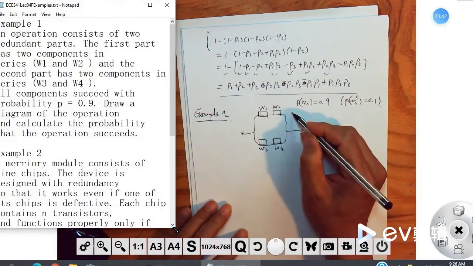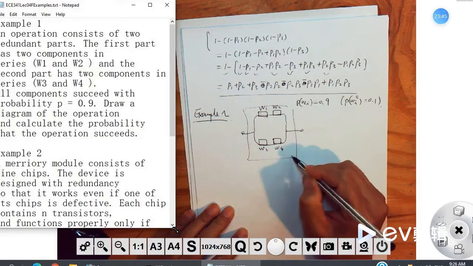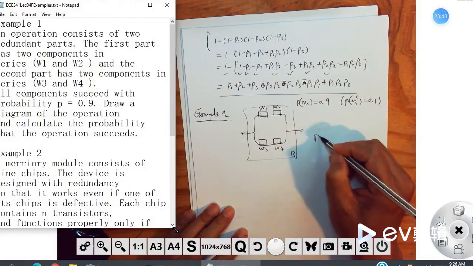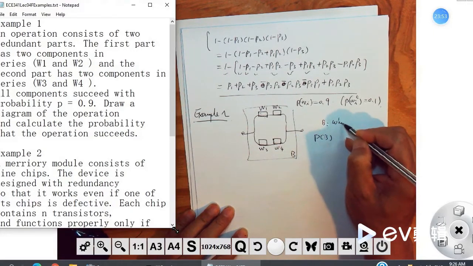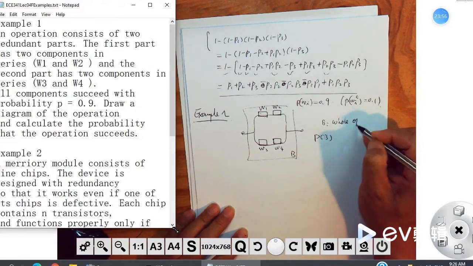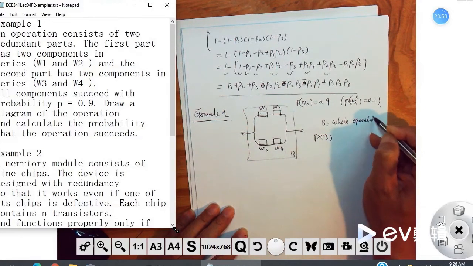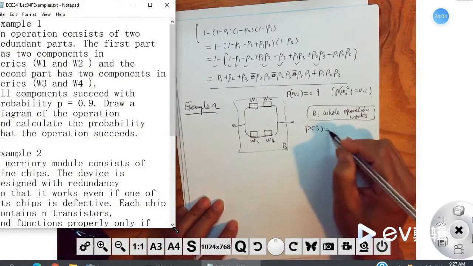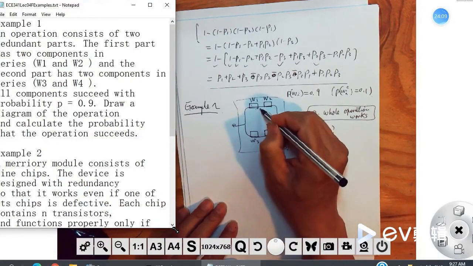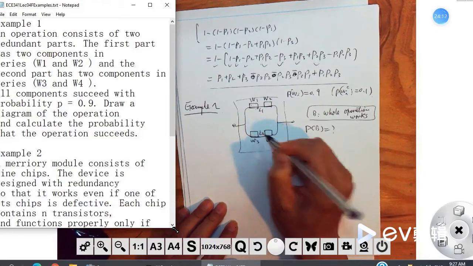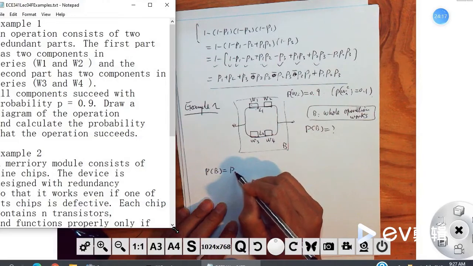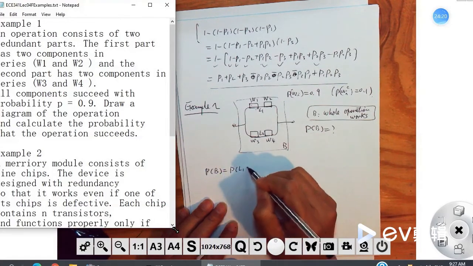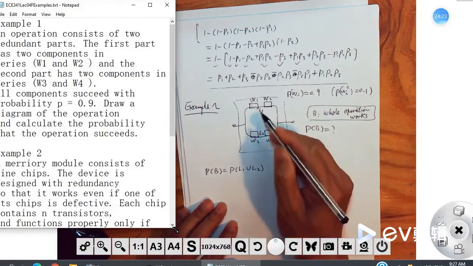Then we want to know the whole thing. I say this is B. I want to know the probability of B, that the whole operation works well. I name this L1 and this L2. So the probability of B equals the probability of L1 or L2, L1 success or L2 success.